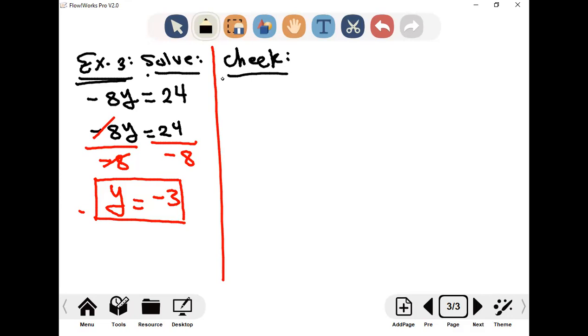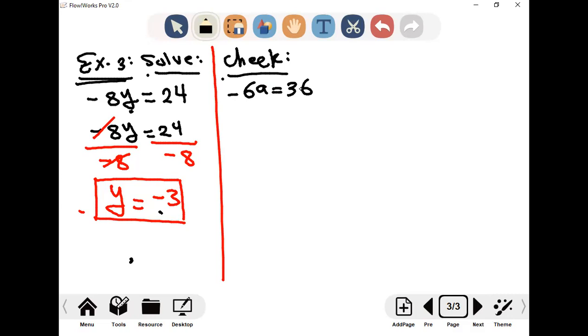Check after example 3. How do we check our answer? We replace y. -8 times -3 is positive. Amer, tell me the check. Negative. What's the variable? What's the coefficient? What do we do?